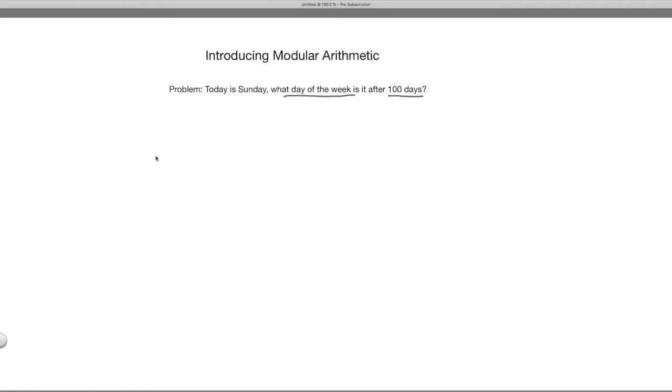To approach this kind of question, a powerful weapon is always to try to see a pattern. So let's count. Start with today is Sunday. That's today. In one day it will be Monday.